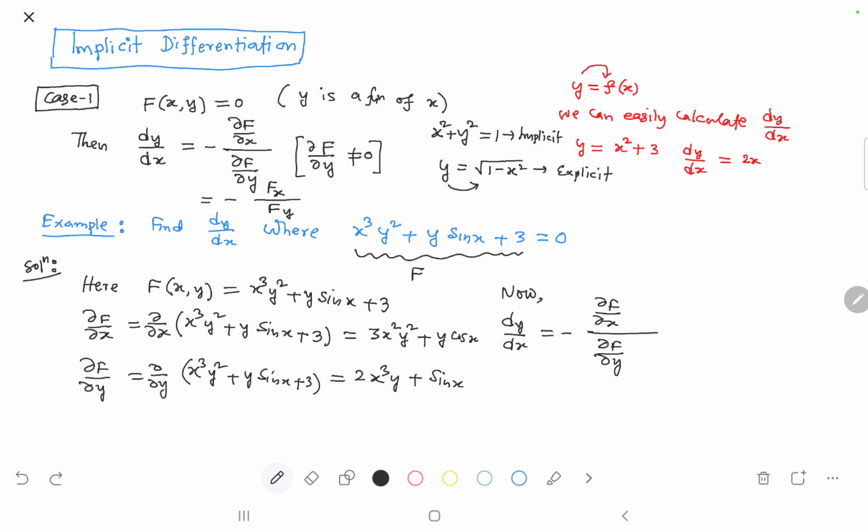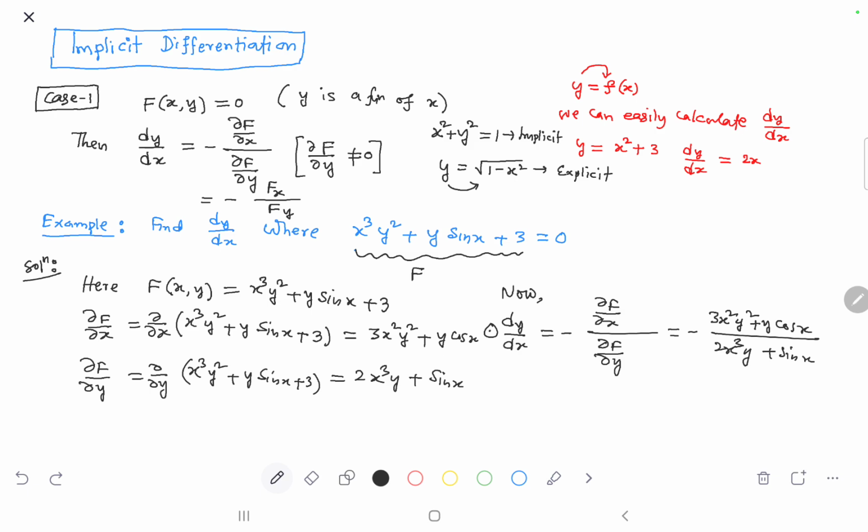So what should we get? del f/del x is 3x square y square plus y cosine x, and at the bottom we get 2x cube y plus sin x. So this is the dy/dx form.